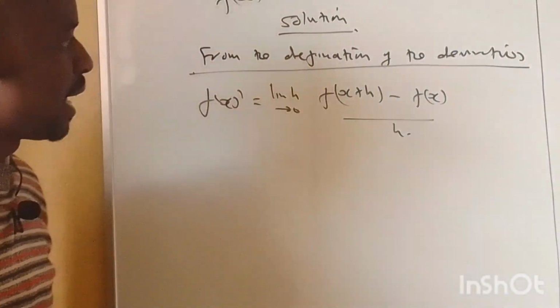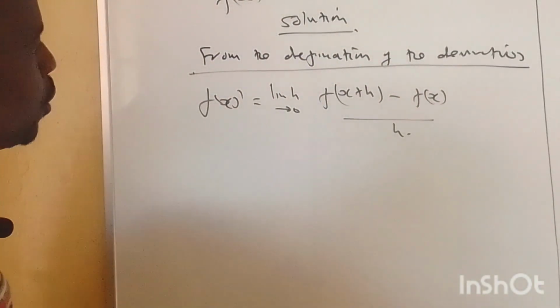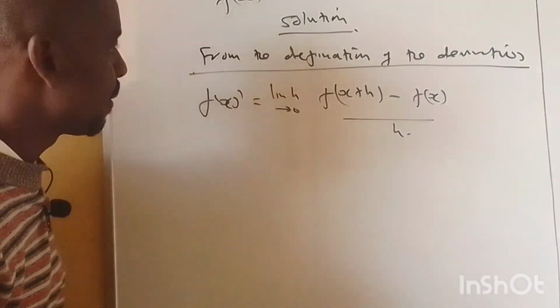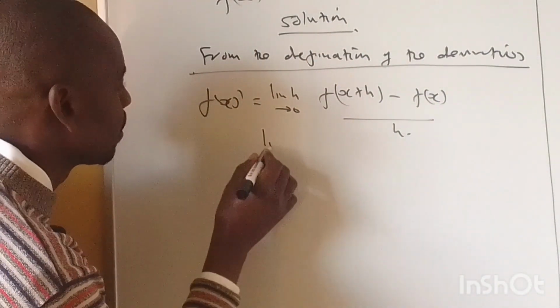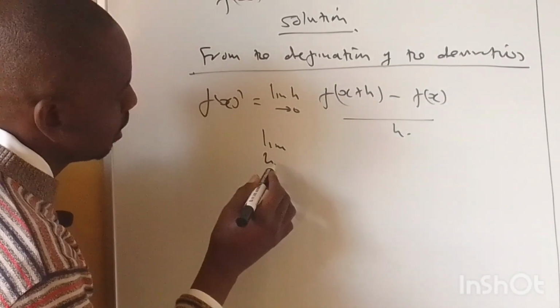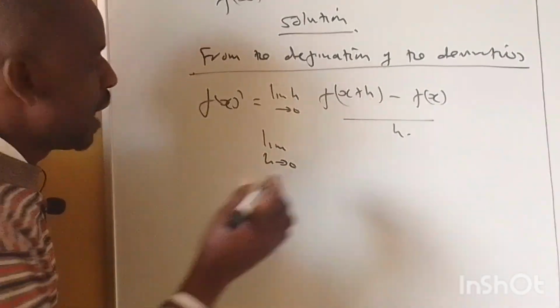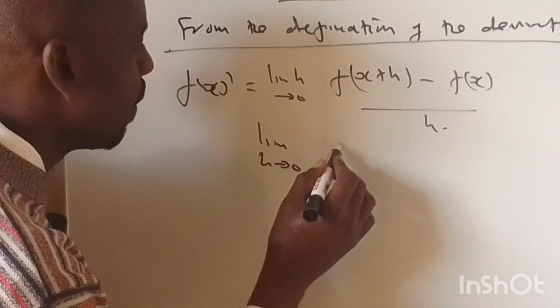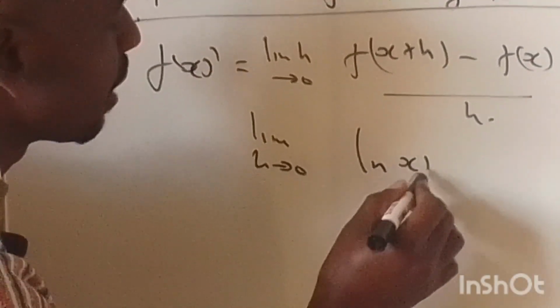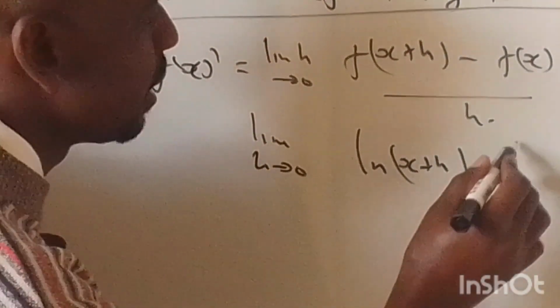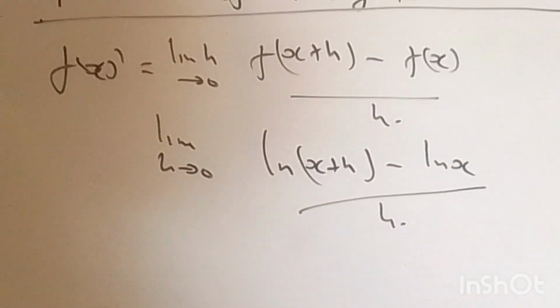That is the definition. So we just want to replace that with that. So as the limit h is tending to 0, then we have the natural log of x plus h minus the natural log of x, over h.